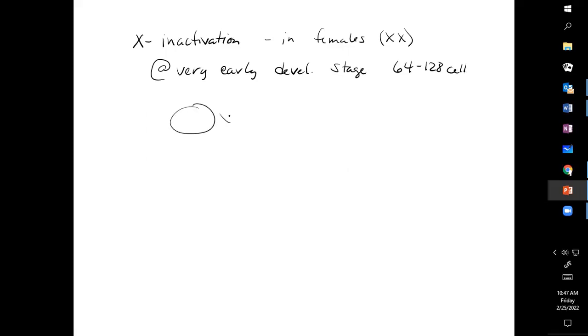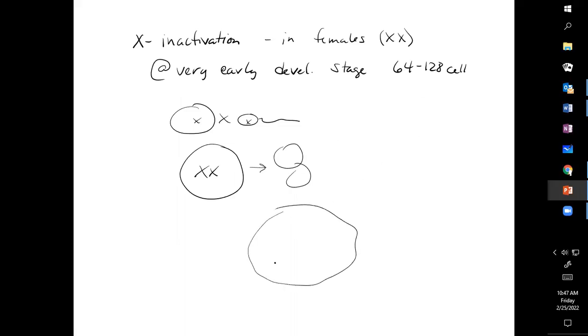So here's your egg, here's your sperm, making your zygote. This is going to divide from one cell: we've got 2, then 4, then 8, then 16, right? Mitosis, mitosis, mitosis. When we get up to 64 to 128, it's the blastocyst stage. Let's pretend we've got 64 cells in there. They form what's called the inner cell mass.